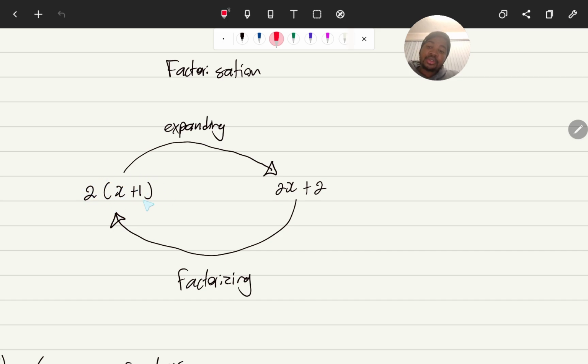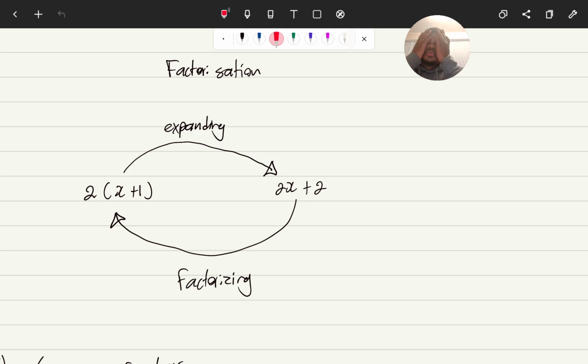We're going to distribute 2 into the brackets and multiply, so that is expanding, right? So to undo that is basically to factorize. There's a better definition, but it's just the opposite of expansion.